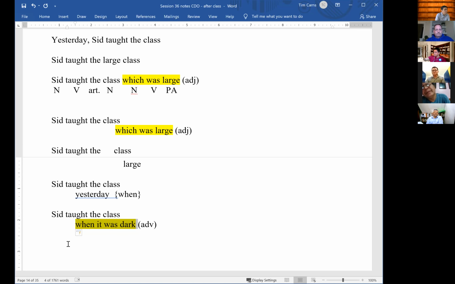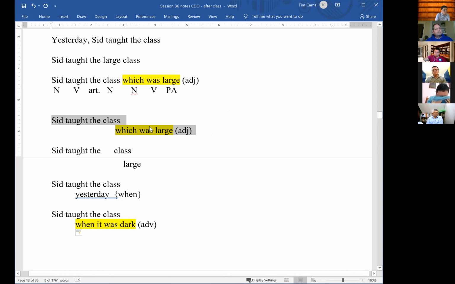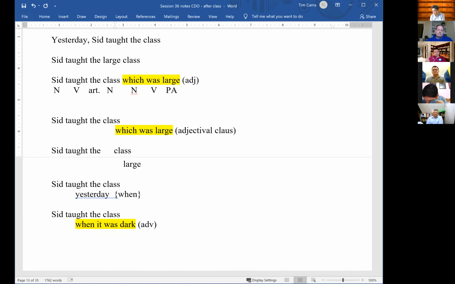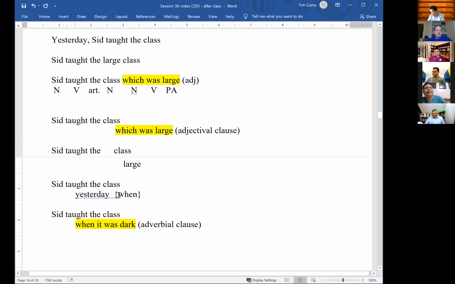Or, like I said in this example, Sid taught the class which was large. This would be called technically an adjectival clause because it's a clause that's acting like an adjective. This would be an adverbial clause. It's a clause acting like an adverb. Yesterday would just be called an adverb.